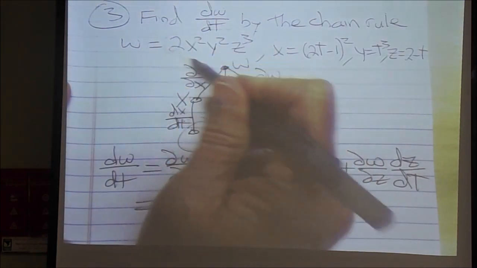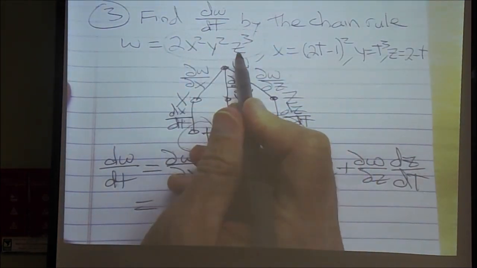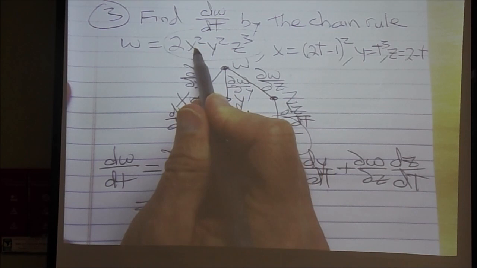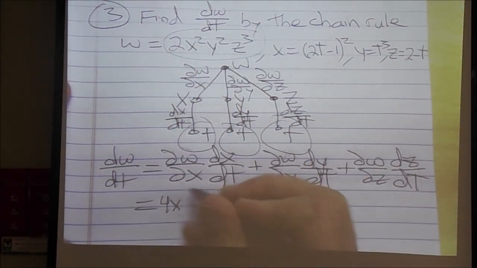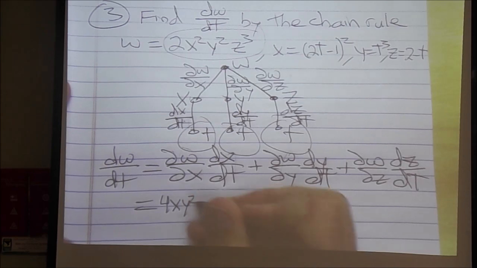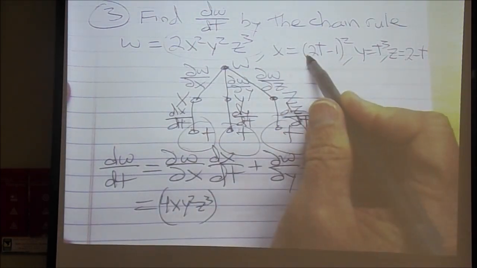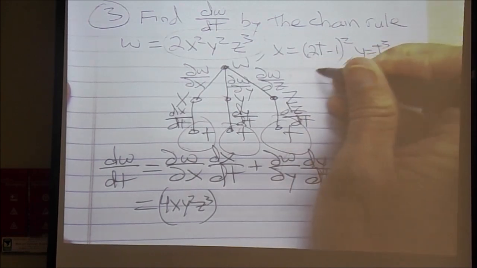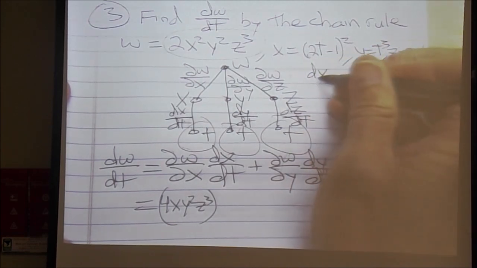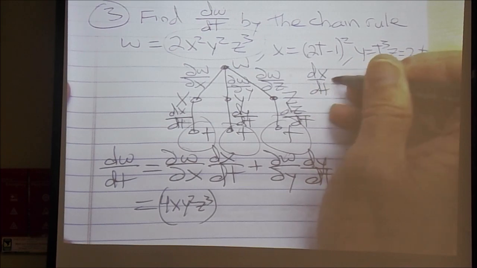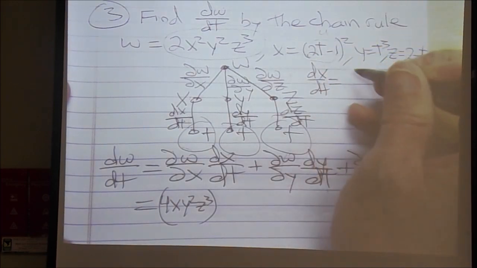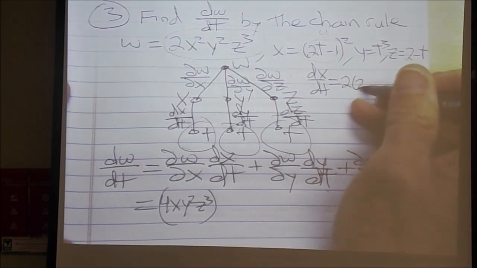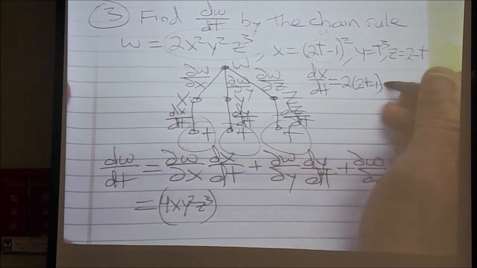Here's w. I treat y and z both as constants, and I say derivative of x squared is 2x, and this comes out to be 4x times y squared z cubed. Multiplies dx/dt. Well, this is a tricky one here. It's a chain rule itself from ordinary derivatives. dx/dt is, think of this as u squared, du squared is 2u times derivative of u.